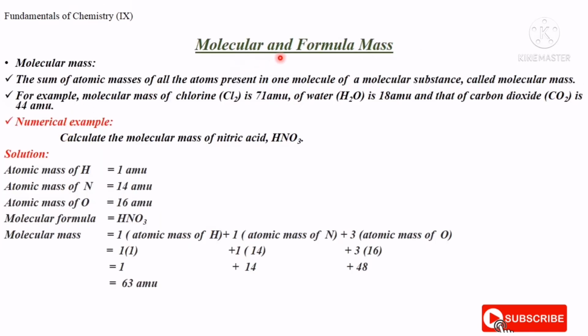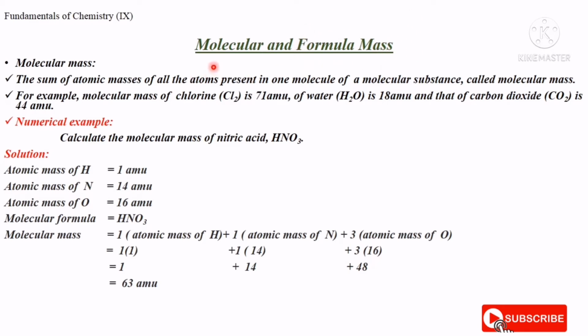Now the molecular mass and the formula mass. Keep in mind that we always use molecular mass for covalent compounds, whereas formula mass is used for ionic compounds.